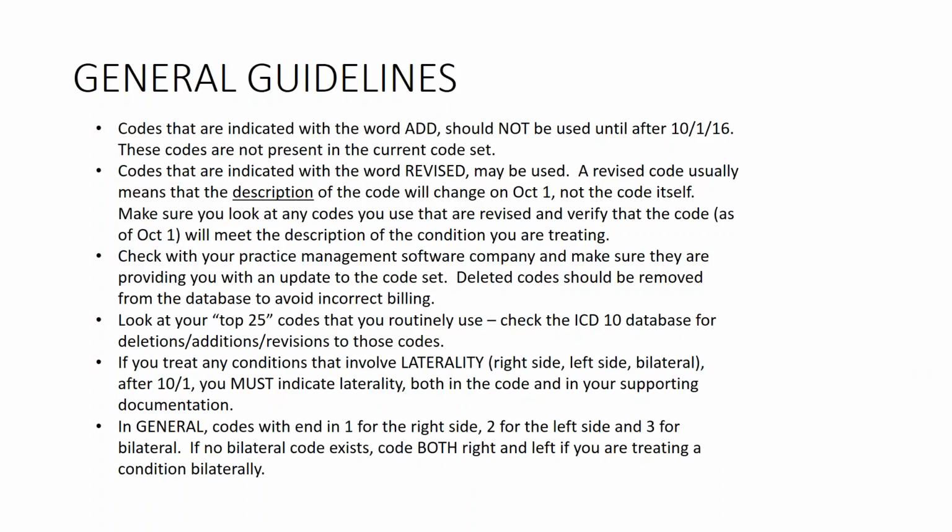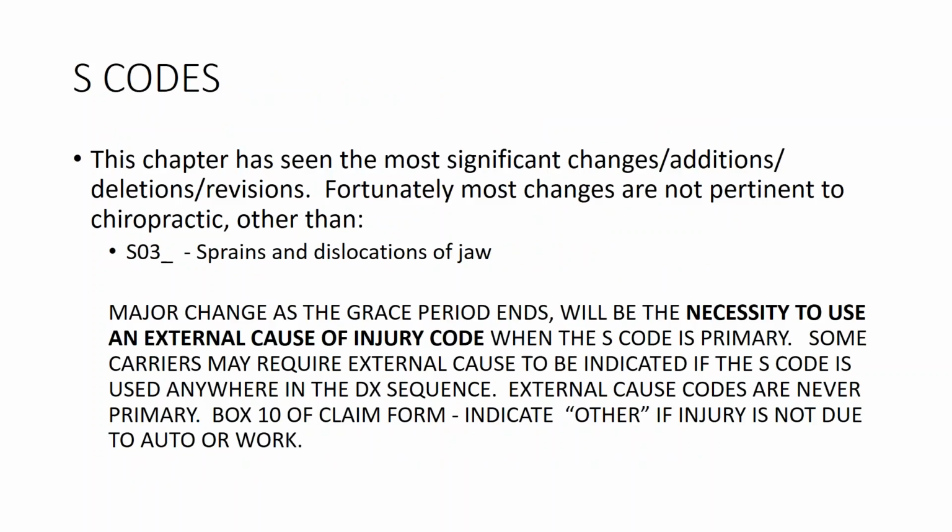So there are some codes that end in the number 3 that indicate bilateral, meaning you're treating both sides. For example, TMJ does have a bilateral component to it. But if no bilateral code exists, then you would have to code both the right side and the left side if you're treating a condition bilaterally. Okay, and again, I'm going to open this up for any questions at the end of the presentation.